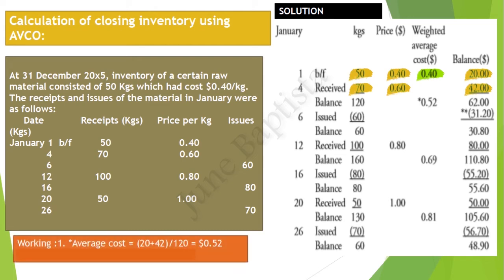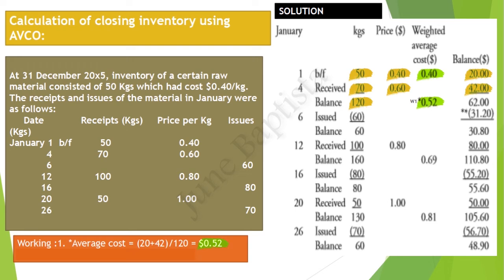The average cost is therefore equal to $20 plus $42, which is the total value of inventory held on the 4th of Jan, divided by 120 kgs, which is the number of kgs of inventory held on the 4th of Jan, to give us an average cost of 52 cents.